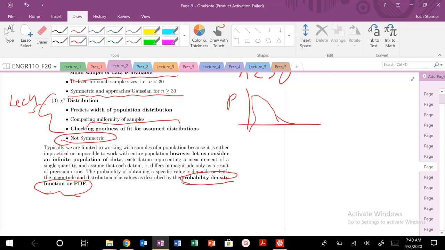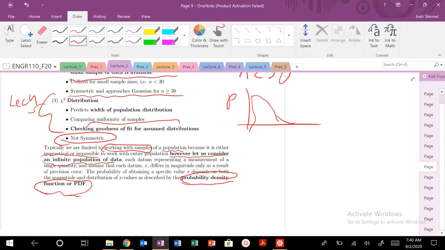Usually we work with samples because we do not know the population, since it's impractical or impossible to work with the entire population. But let's say, for example, that we have an infinite population of data, and we know the information about our population.